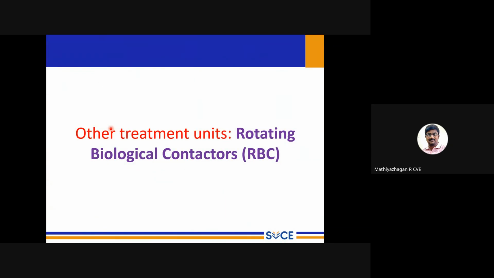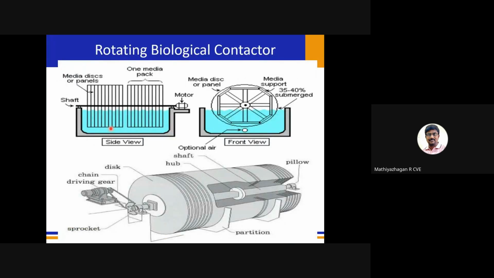Then we have another advanced treatment, the RBC, rotating biological contactor. This is also an aerobic system. Here we have a media pack containing discs, and the discs are continuously rotating. The disc carries a bacterial medium.